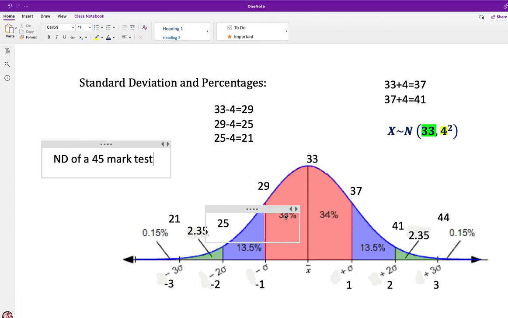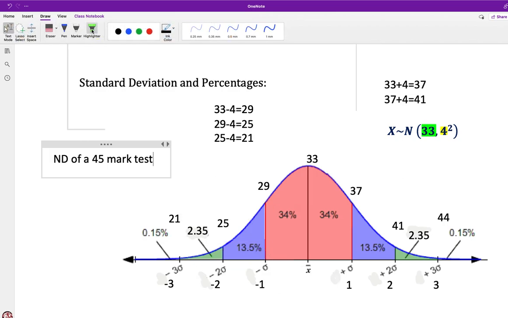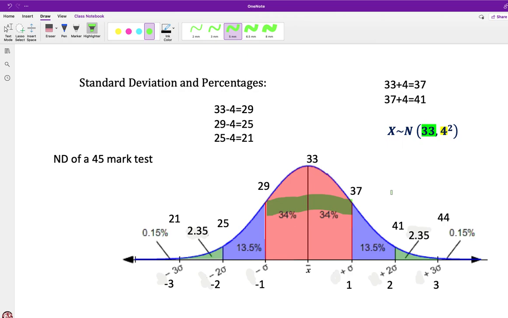But in a normal distribution, 34% and 34%, so 68% of the population, land between the first 2 standard deviation points. So if I have 100 students, 68 would have landed in that section. When you get 2 standard deviation points out, it's 34, 34 on this side, and it's 13.5 and 13.5.